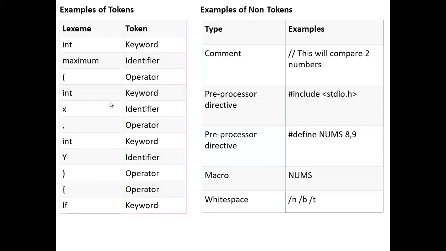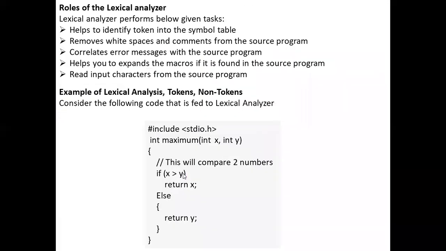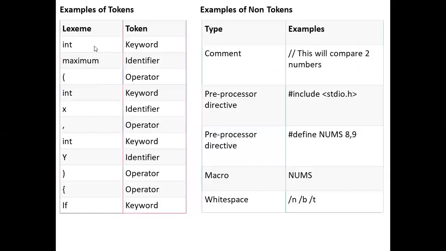Again, int keyword, x identifier, comma operator, int keyword, y identifier, close parenthesis operator, and if is a keyword, right? So in this piece of code we cover everything: int, maximum, open bracket, int, then if, then x y, then return, then else. Clear?